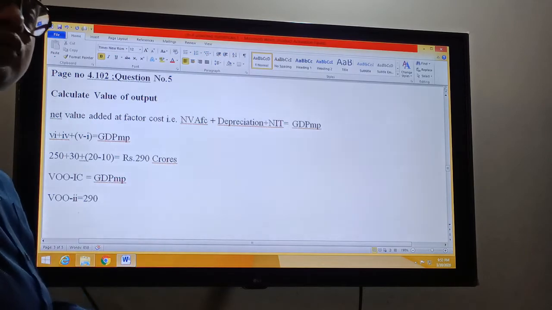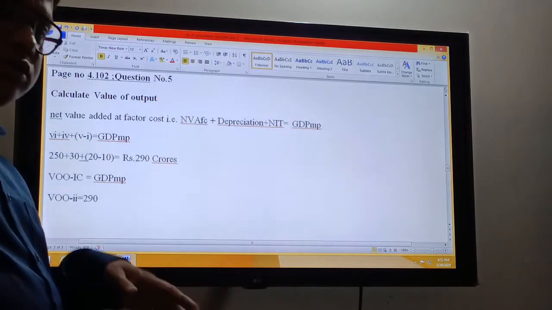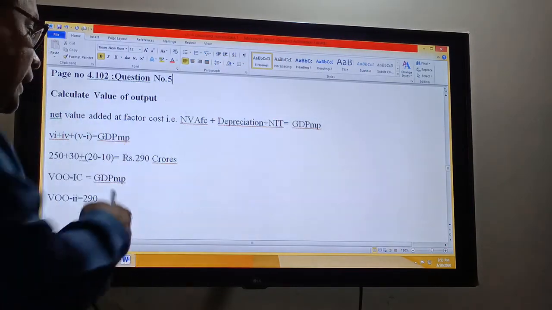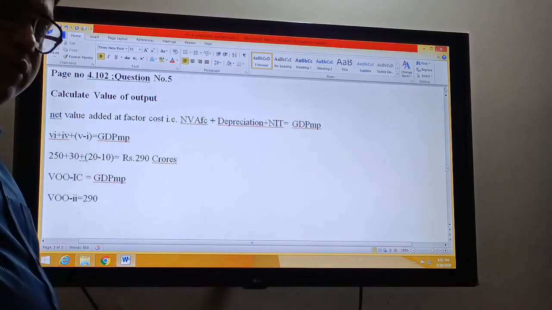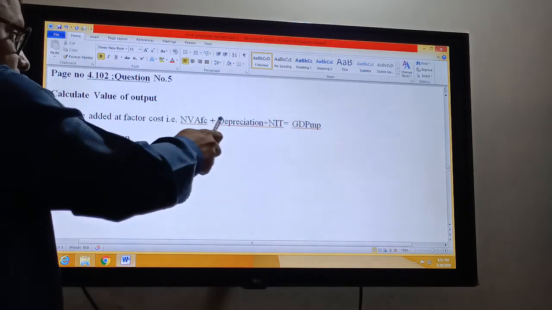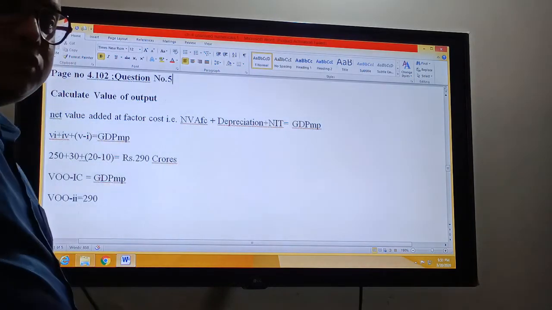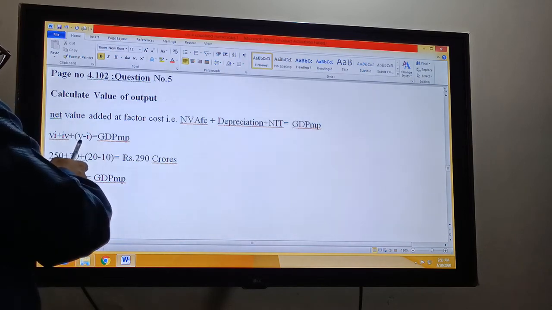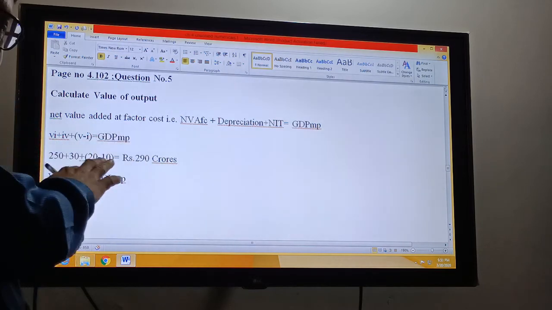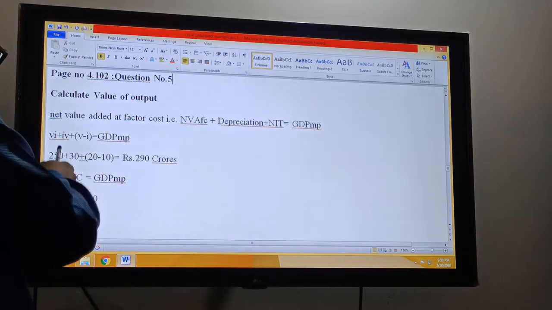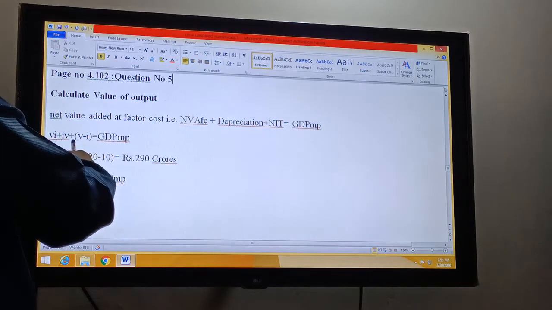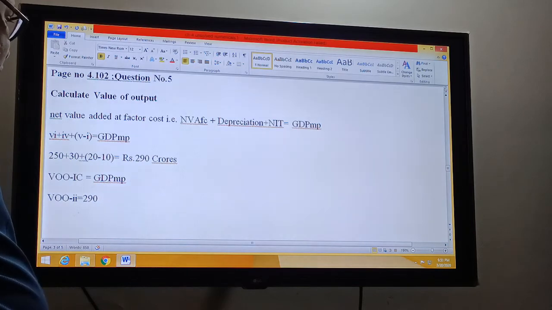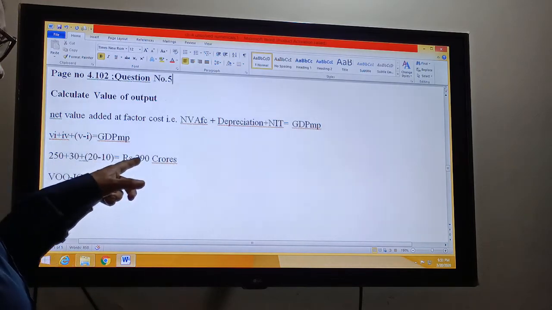In the previous questions we got NVFC from value of output. Nothing is difficult. So what we'll do, we'll get GDPMP from NDPFC and then value of output from GDPMP. The same formula: NVFC plus depreciation plus NIT, that is equal to GDPMP. How? Item number 6 plus 4 plus item number 5 minus 1. These are the values given in your book. Item number 6, 250, that is your NDPFC. 30 is your depreciation. IT minus subsidy, that is 20 minus 10. And we get 290, that is your GDPMP.